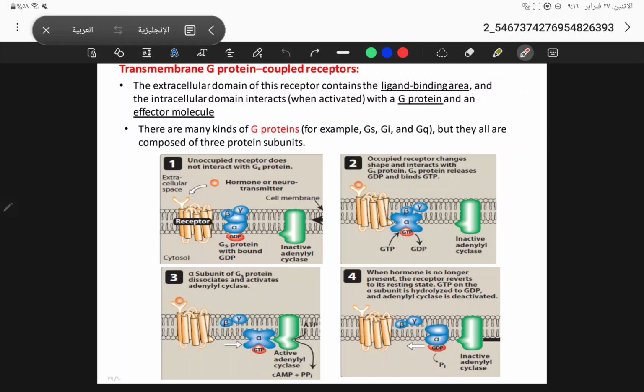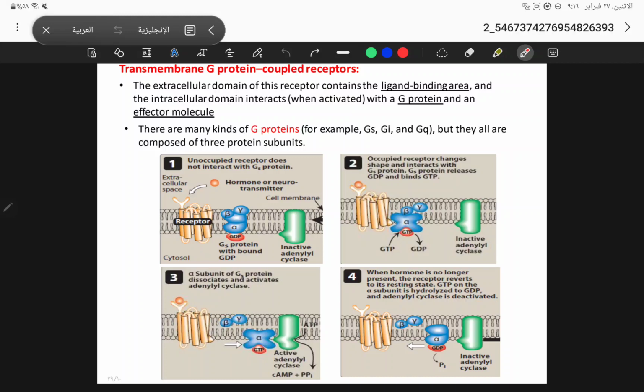The extracellular domain of this receptor contains the ligand binding area, and the intracellular domain interacts when activated.